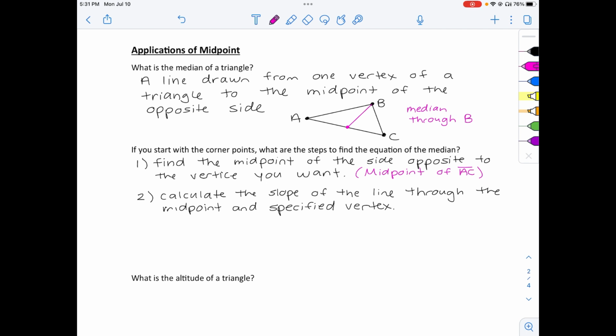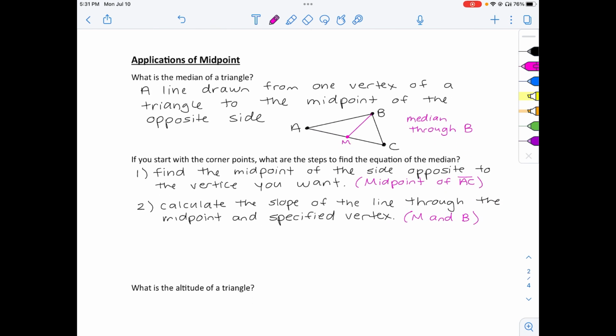Okay, so again, in this specific example, it would be the slope between your midpoint and B. Again, I guess I'll just show here on the diagram. That's what I mean by M. Oops, that's my midpoint.